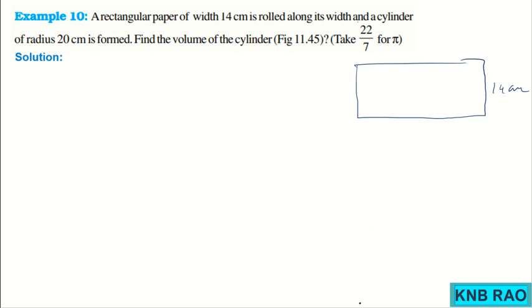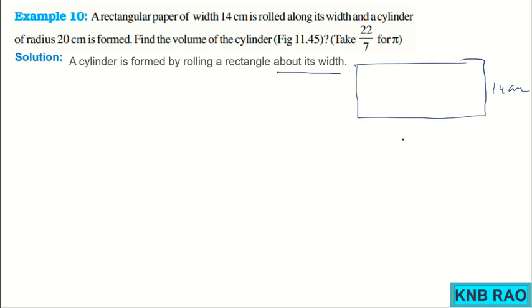Rolled along its width means what? A cylinder is formed by rolling a rectangular paper about its width. Hence the width of the paper becomes the height. Understood? Width of the paper becomes height and the radius of the cylinder is given.